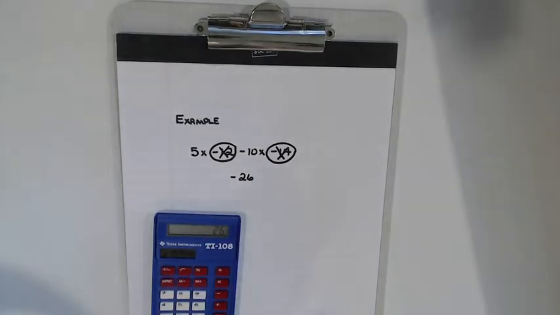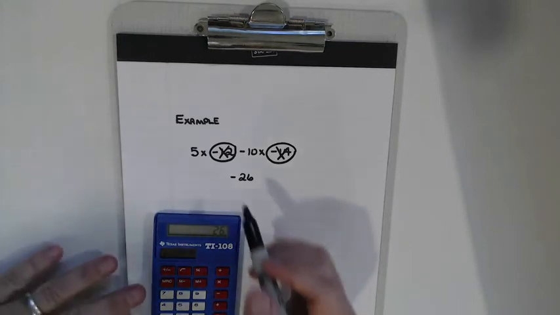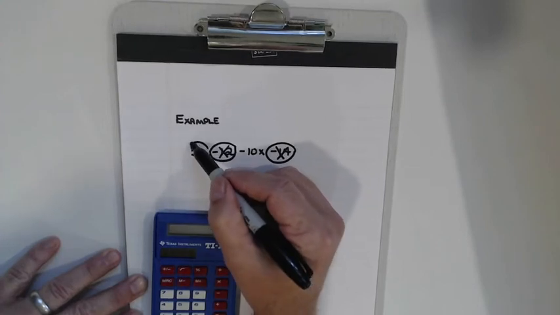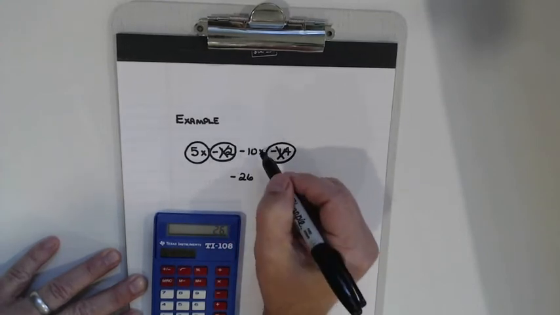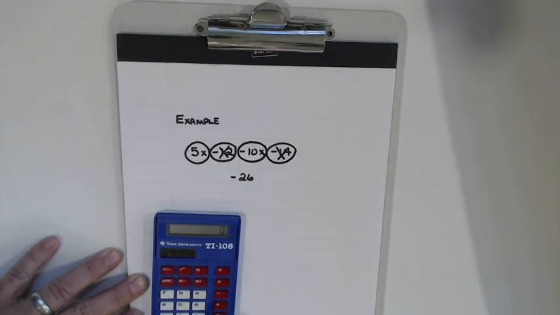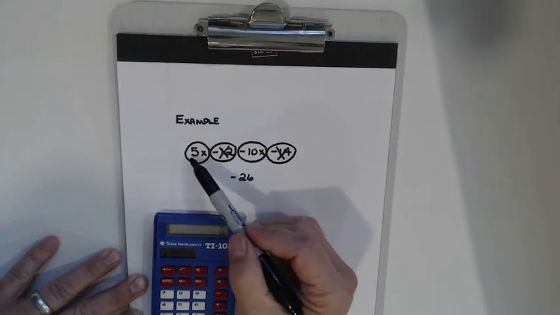So this is what we're leading up to, something that looks like this, so that we can combine things together even though they're not right beside each other. You can even combine these together using those rules. What kind of 5 is this? It's a positive 5. What kind of 10 is this? It's a negative 10. If the signs are the same, I add them. What if the signs are different?